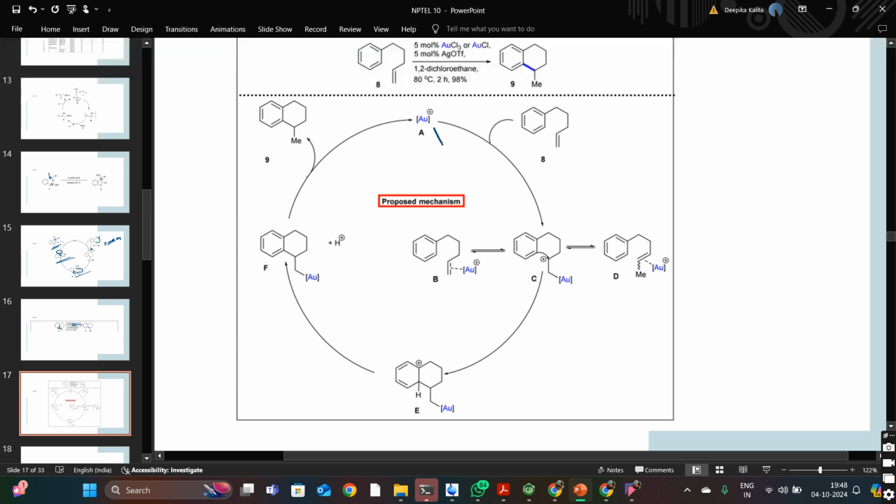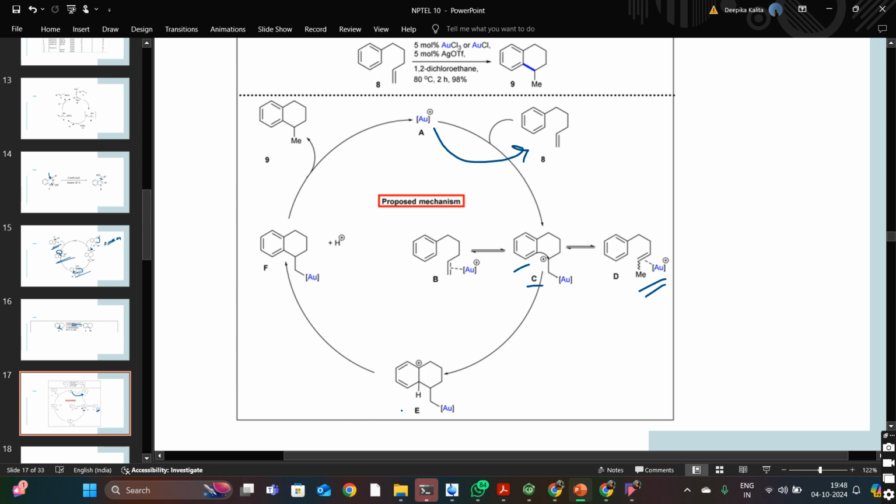You add gold catalyst to our substrate and we get the activation of the double bond by gold catalyst to get the intermediate C. Now the carbocation intermediate C is going to be attacked by the aryl ring by hydroarylation mechanism.